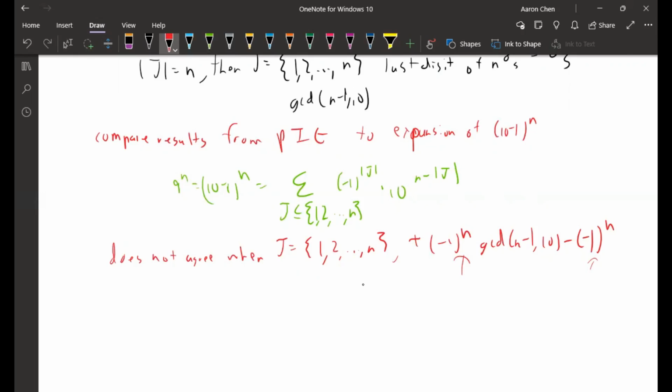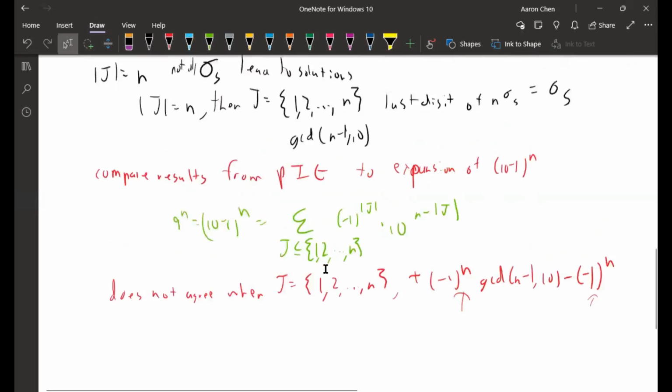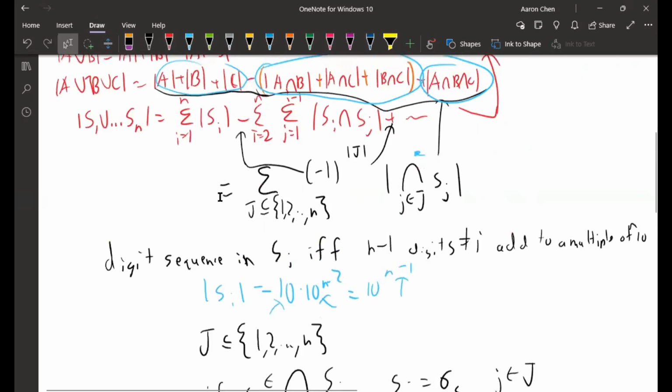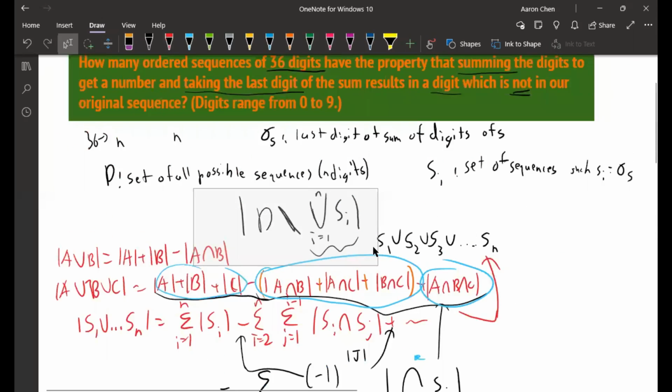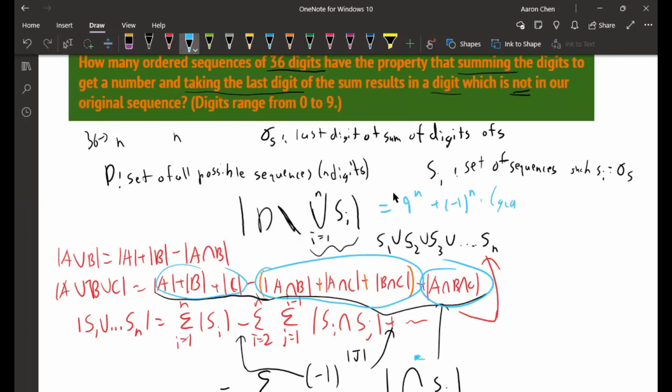So the final value, which we know is our final answer, is simply 9 to the power of n plus negative 1 to the power of n times the GCD of n minus 1 and 10, minus 1.